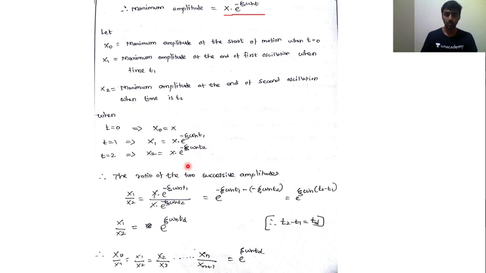The ratio of two successive amplitudes is given as x1 divided by x2, which is equal to capital X into e power minus zeta into omega n into t1 divided by capital X into e power minus zeta into omega n into t2, which is equal to e power minus zeta into omega n into t1 minus of t2.